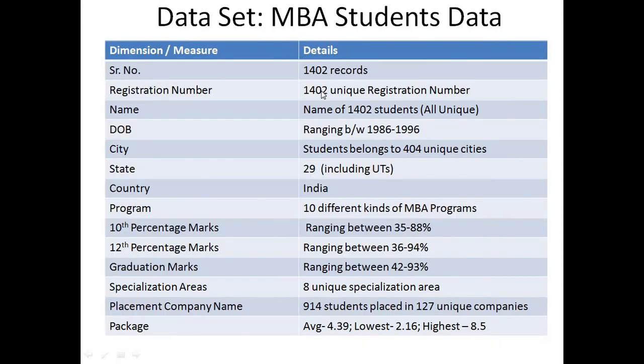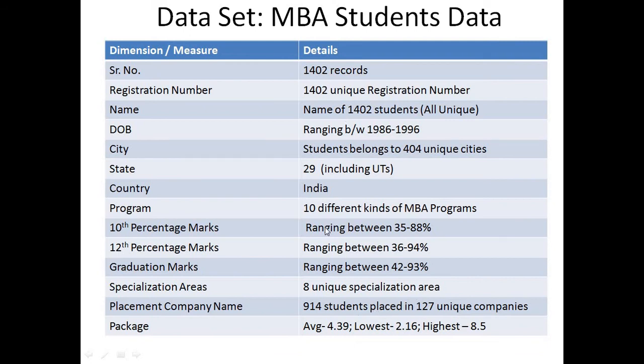In this data, I have provided 1402 unique records: the registration number, 1402 unique names of the students, and their date of birth ranging between 1986 and 1999. Students belong to 404 unique cities and 29 states including UTs. This data is only for India. I have provided data for 10 different kinds of MBA programs and 8 unique specialization areas.